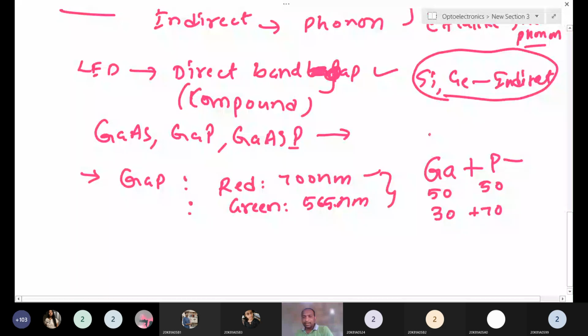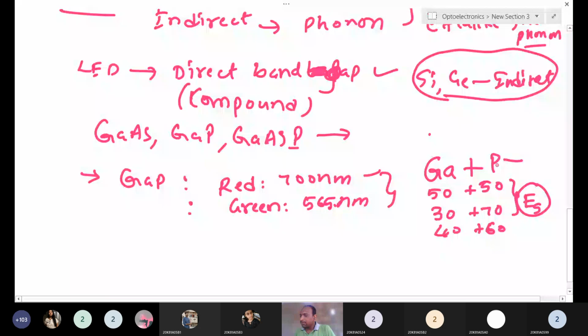Once the band gap changes, the wavelength of the emitted photon also changes. That is the reason that, using gallium phosphide with different concentrations of gallium and phosphide, you can change the color of the LED.